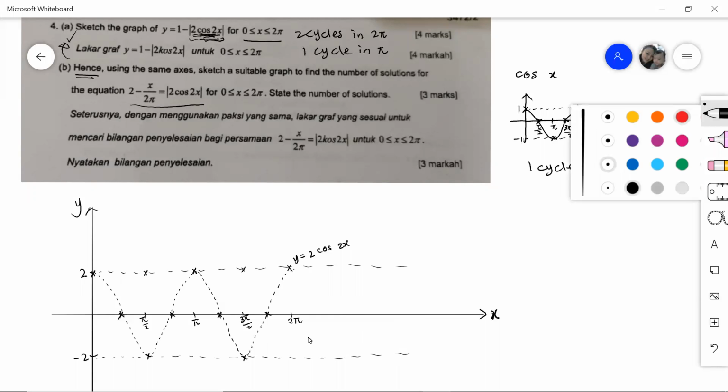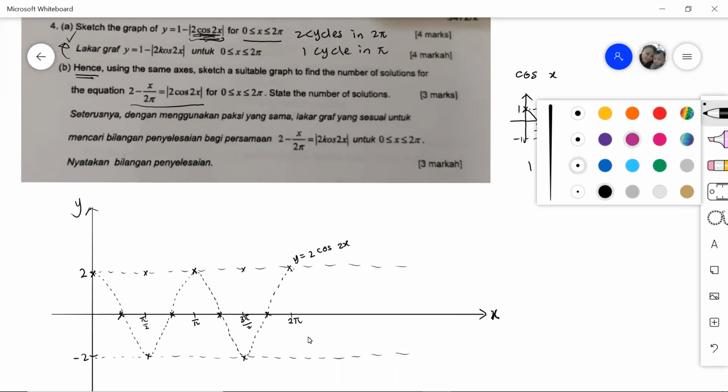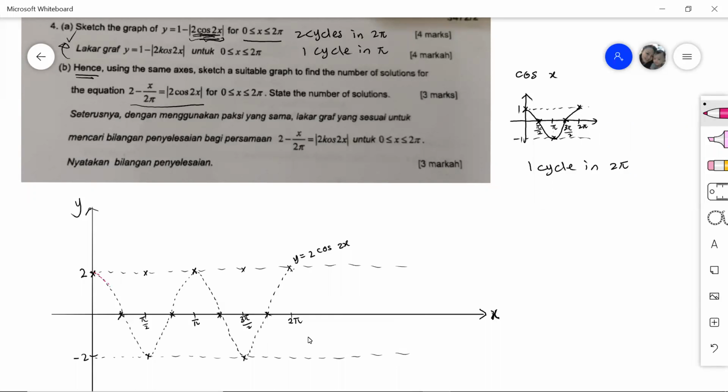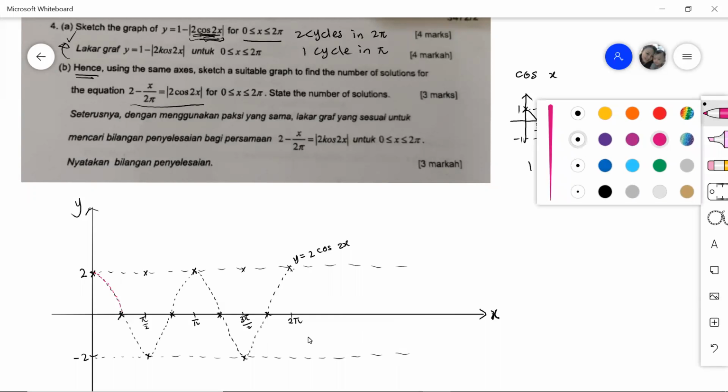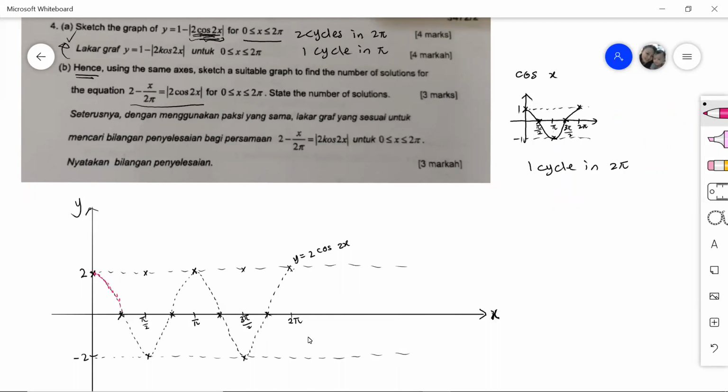Let me use a different color, red, to get the new graph. So this will be y equals to modulus 2 cos 2x.